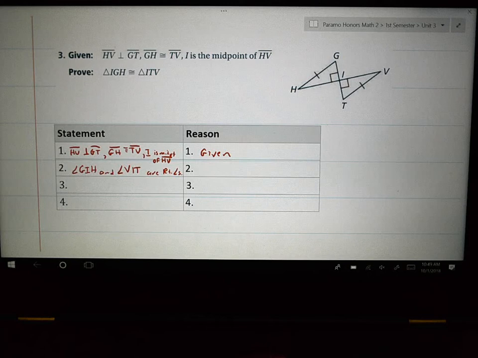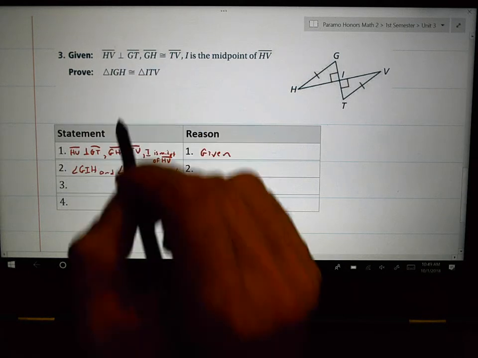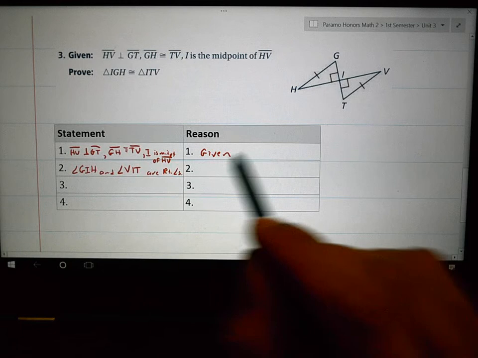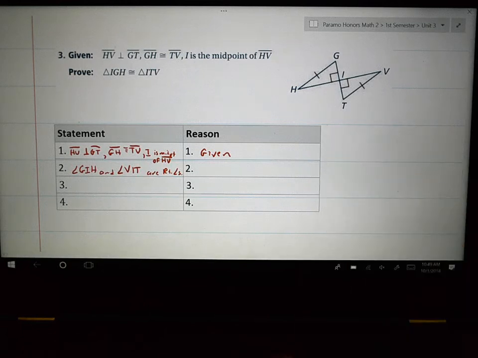It didn't say that. It only said that they were perpendicular. So we're going to make a statement that now tells you that this triangle has a right angle in it. Sophia: Can you write it as like 90 degrees? Are equal to 90 degrees.